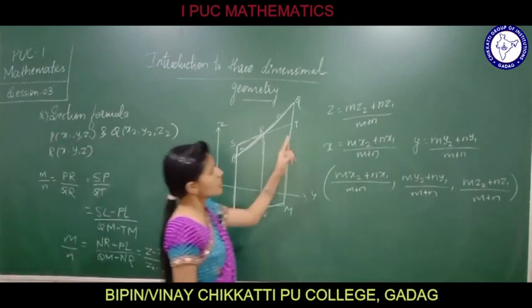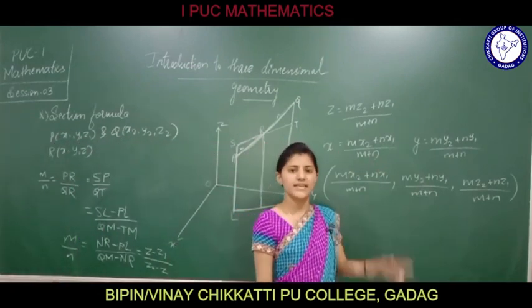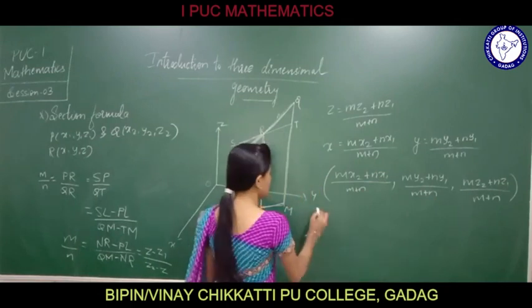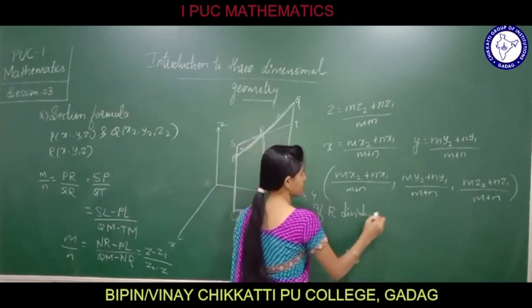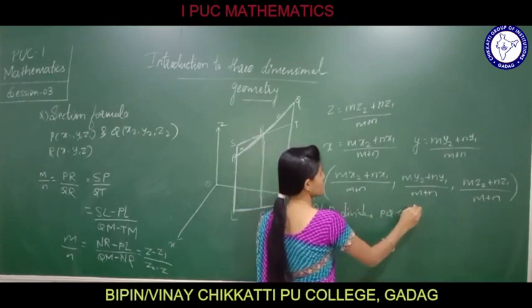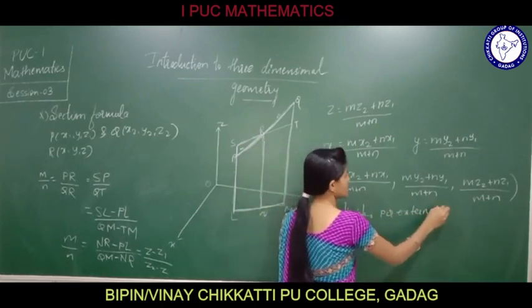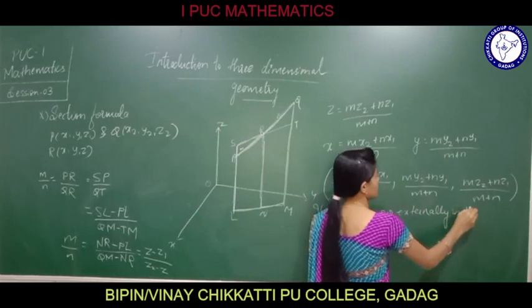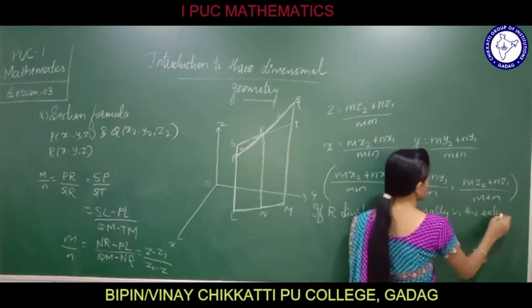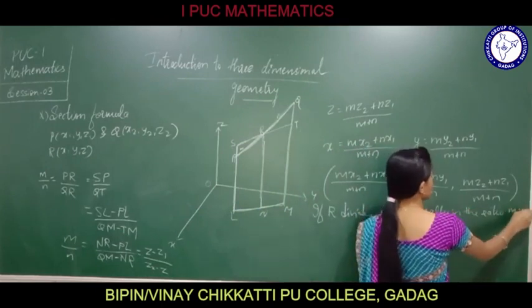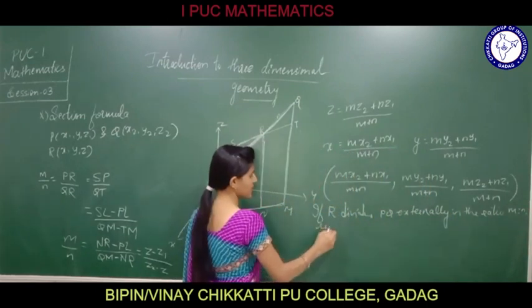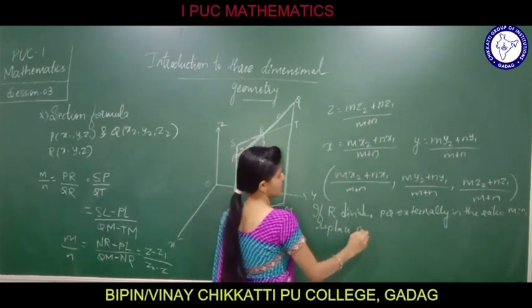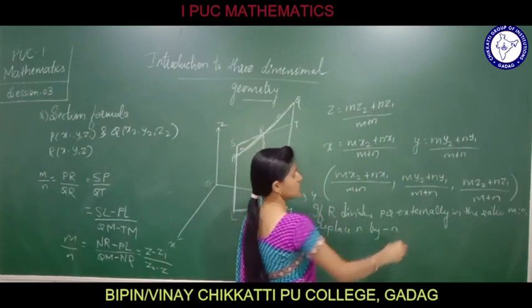In place of plus N, replace by minus N. If R divides PQ externally in the ratio m is to n, what are we going to do? Replace n by minus n.